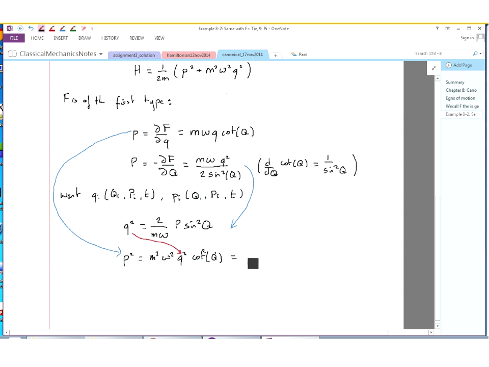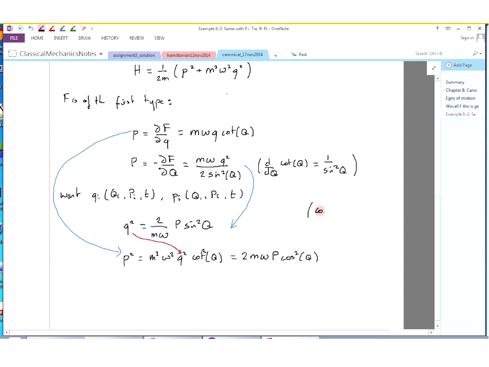And so when you plug it in, it's 2m omega P cos squared of capital Q. Right?